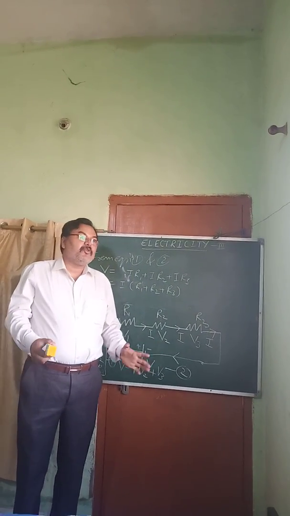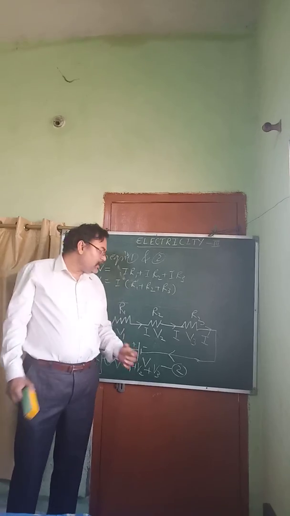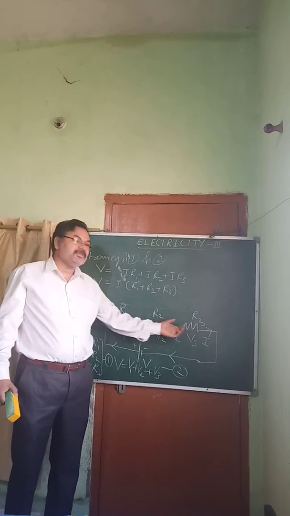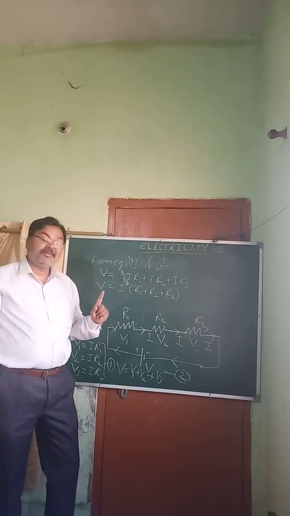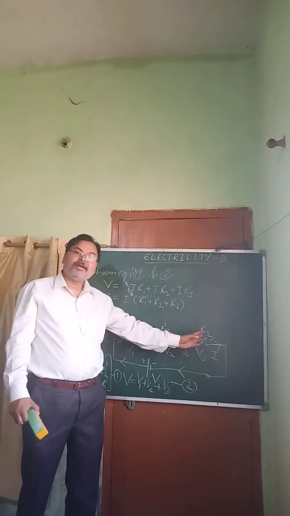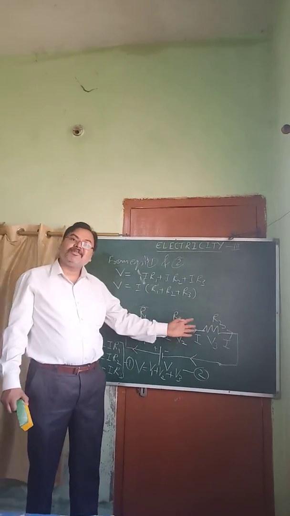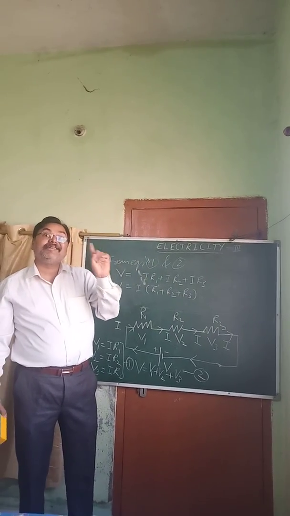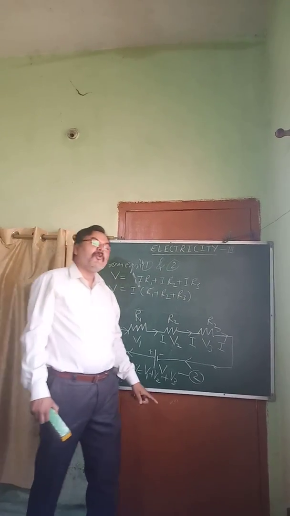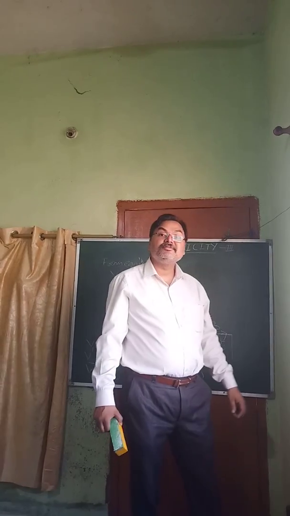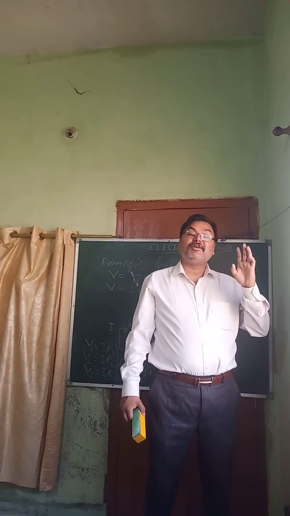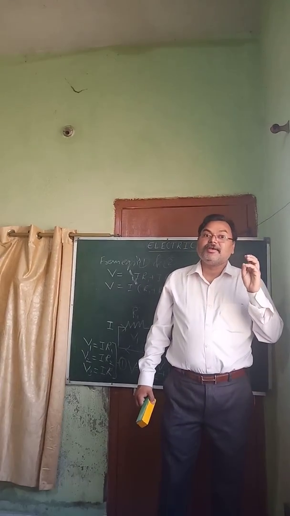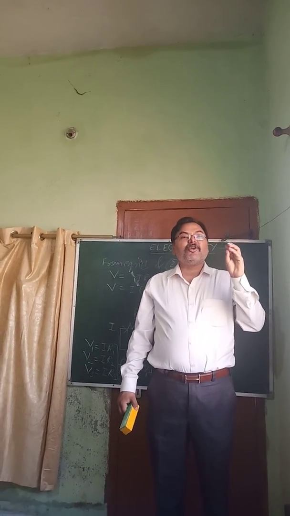Suppose instead of these 3 resistors, you want to use a single resistance, so that whatever effect they are producing, the same effect is produced by that single resistance. Then what should be its value? That is the question. So we are going to find the equivalent resistance.